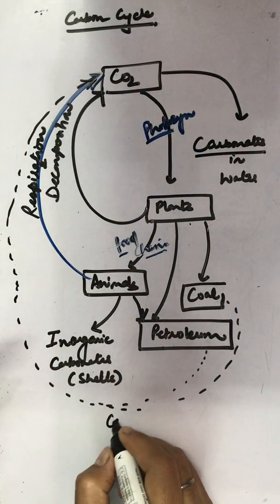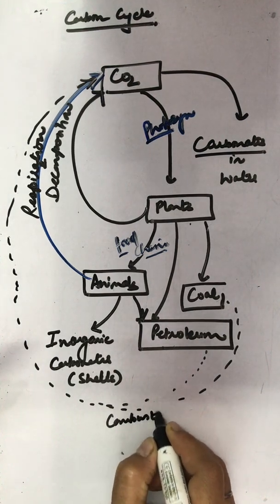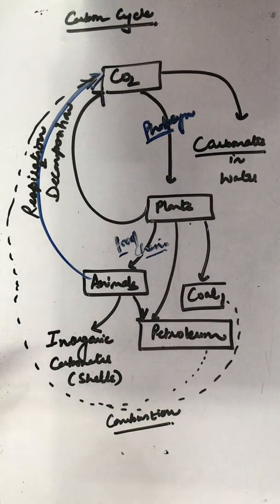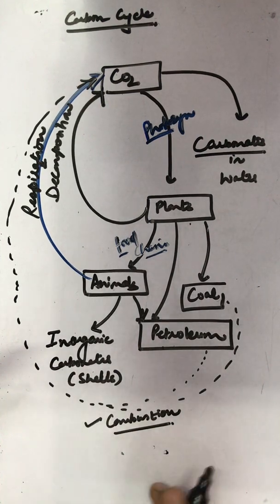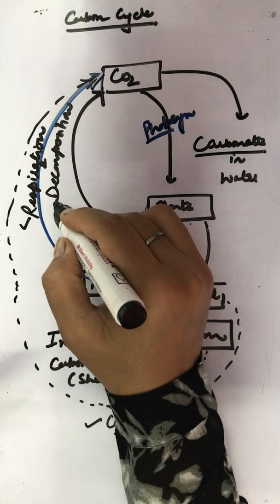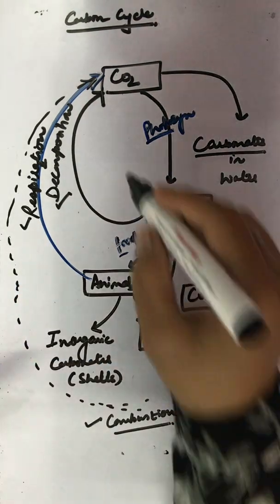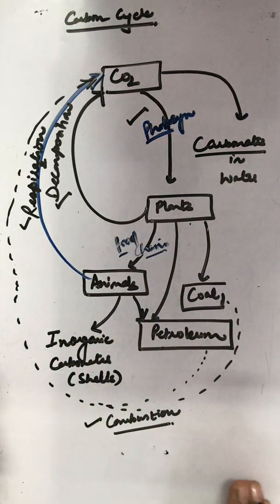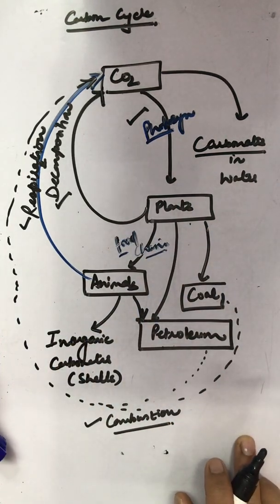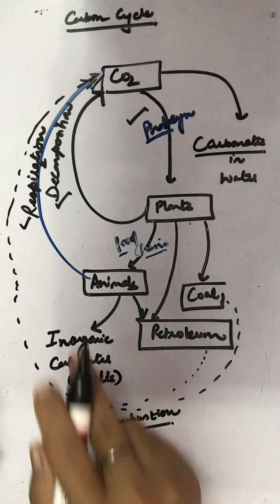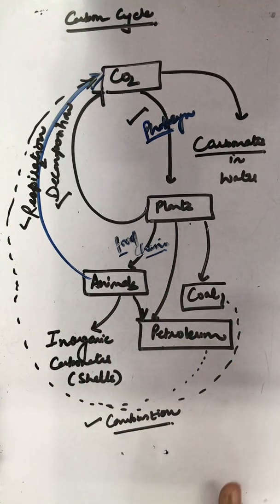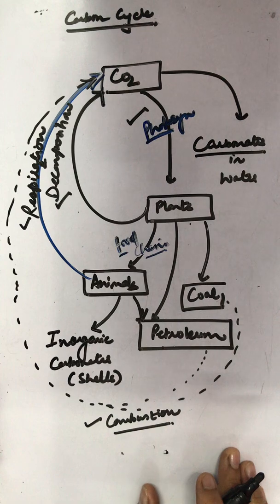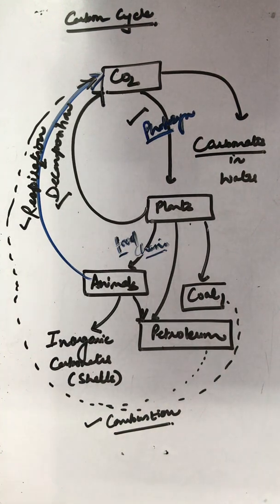This process is known as combustion. Right. So, which processes have we covered here? First combustion, second respiration, then decomposition, photosynthesis. This is how carbon dioxide is cycled repeatedly through different forms by the various physical and biological activities. Moving to our next topic, the greenhouse effect.